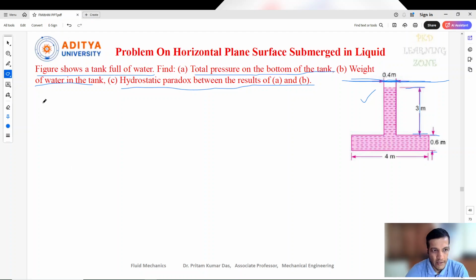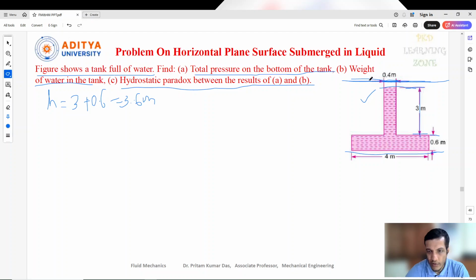What values are given for this? Let the total height H equal the total liquid depth from this point, so 3 meter plus 0.6, which is 3.6 meter.